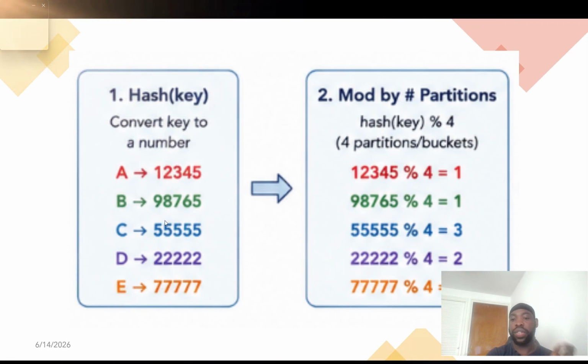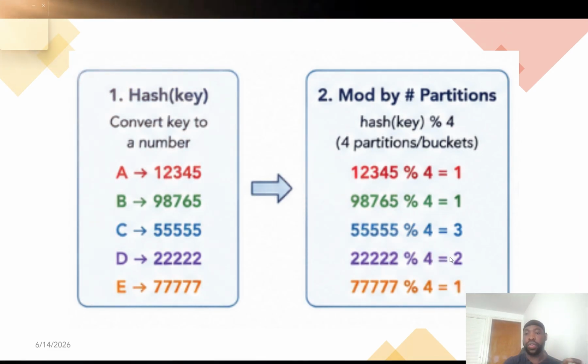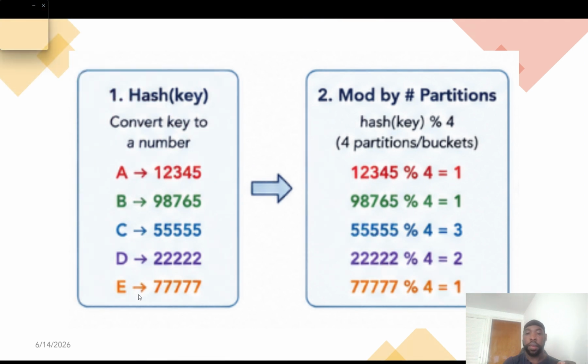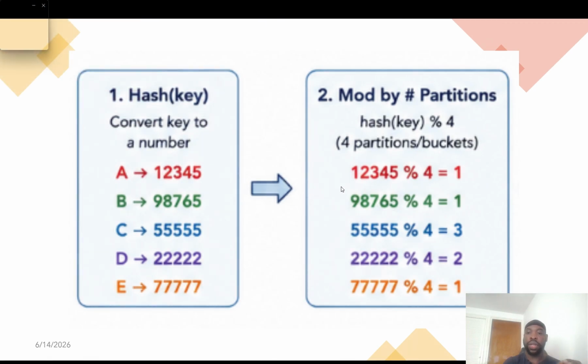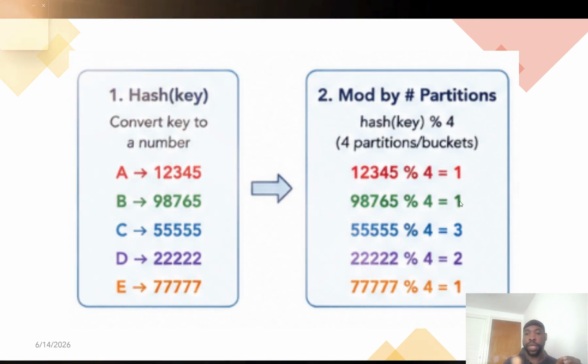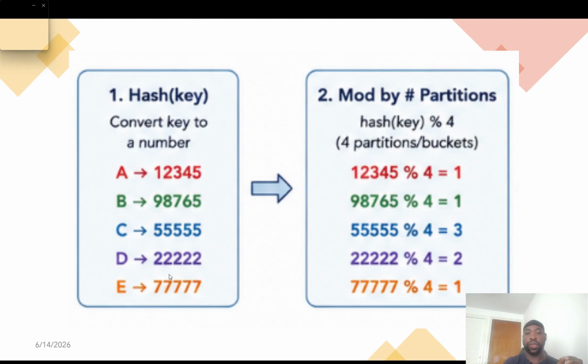So C records go to partition 3, D records go to partition 2, and E records go to partition 1. So you can see what is happening now. All of the A records are going to partition 1, all of the B records are going to partition 1, and all of the E records are going to partition 1 as well.